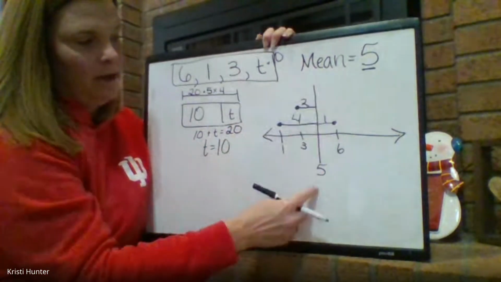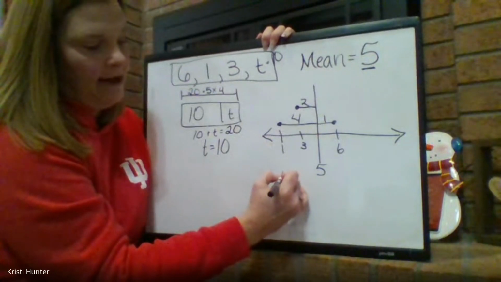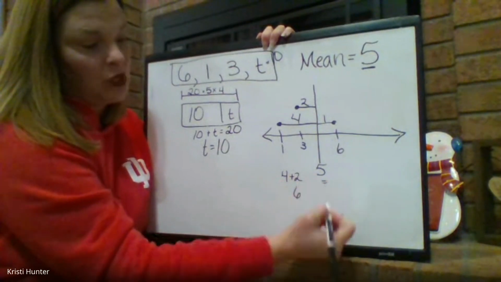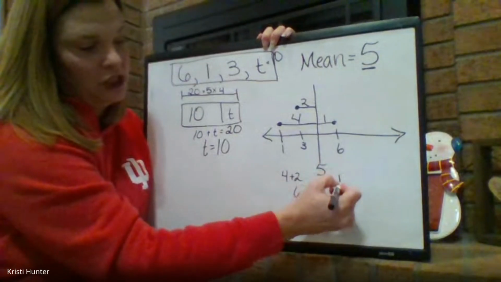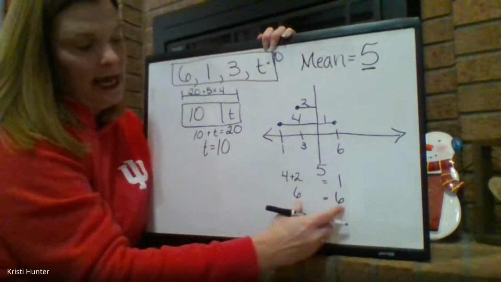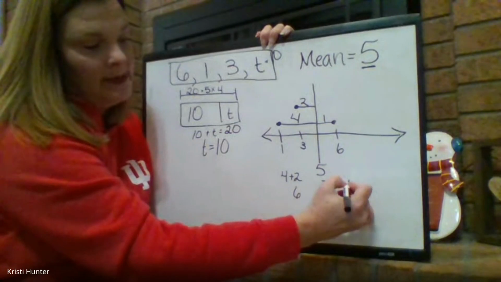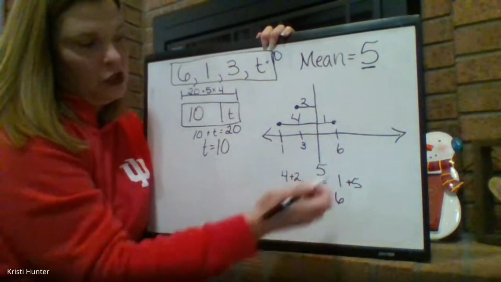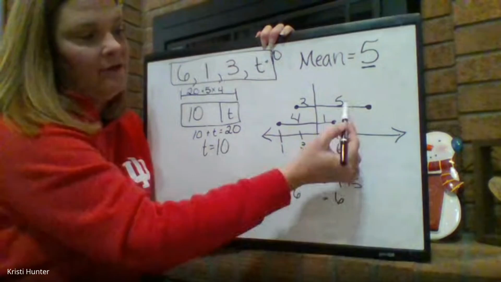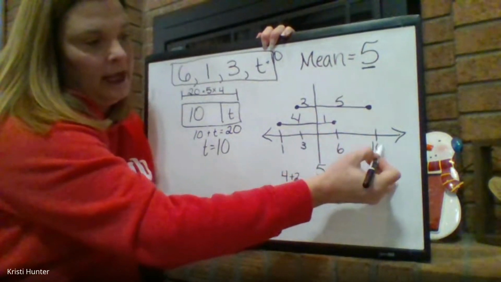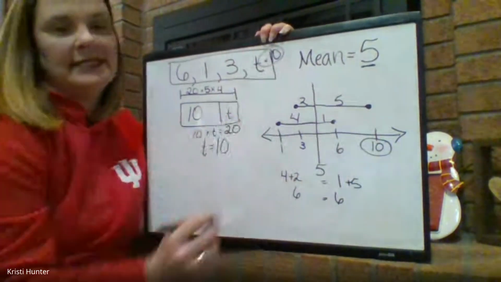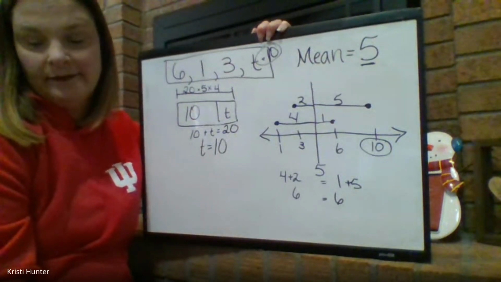So when I look at the measure of center, on the left side, I have 4 plus 2, which is a 6. And I'm trying to get it equal to the other side, which just has a 1. So I'm thinking, what do I add to 1 so that I have 6 on both sides? Well, that means I add a 5, right? So if I add a 5 to this side, I've got to go 5 more than 5, and that gets me a 10. So either way I do this, I find out my missing value is going to be a 10.